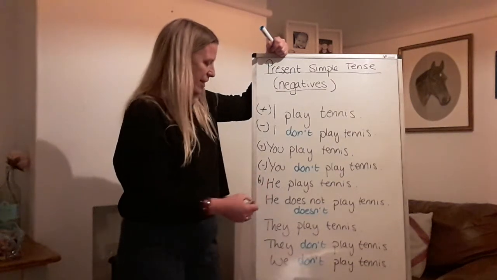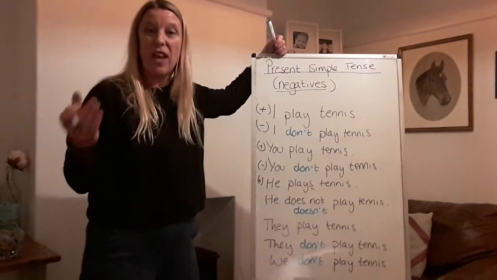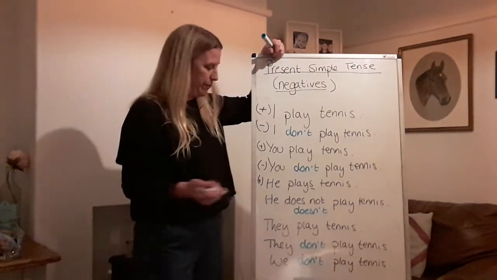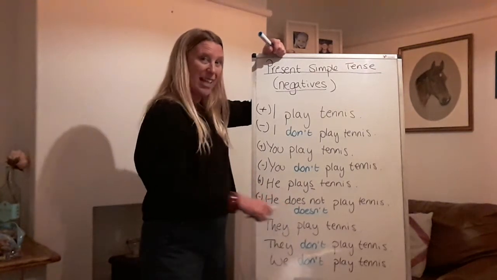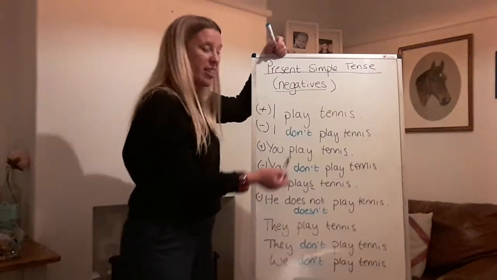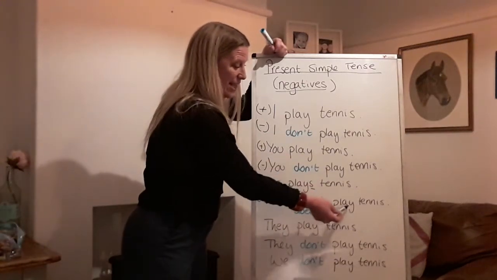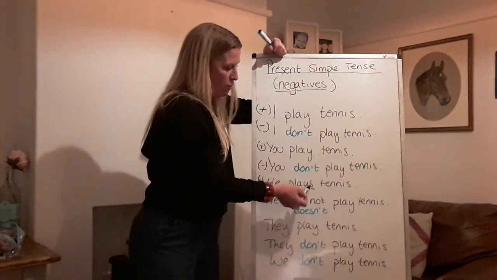Now notes here. He, she and it. He plays tennis. Remember we add the s for he, she, it in the present simple. And then in the negative, we also add an s, but we add it to the do. So it becomes he does not play. This goes back to play, the base form of the verb. No s here.